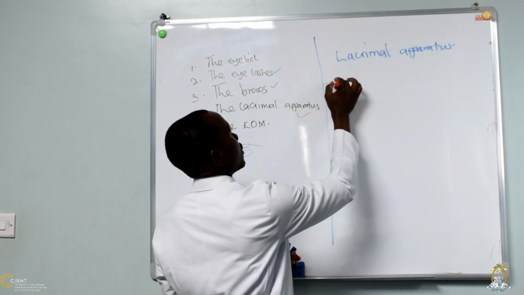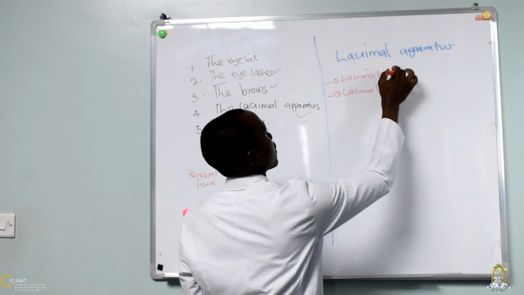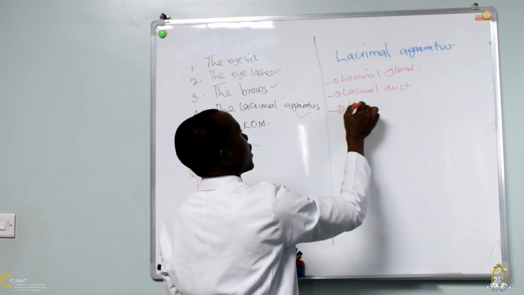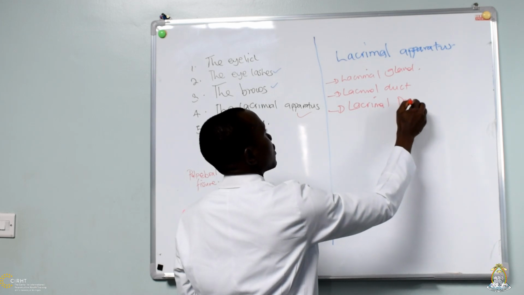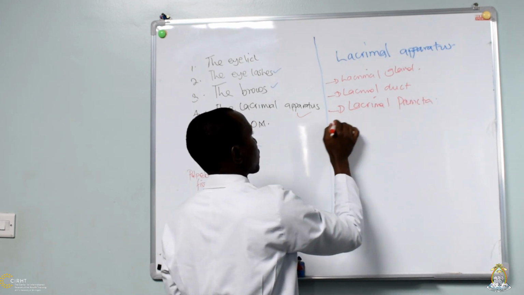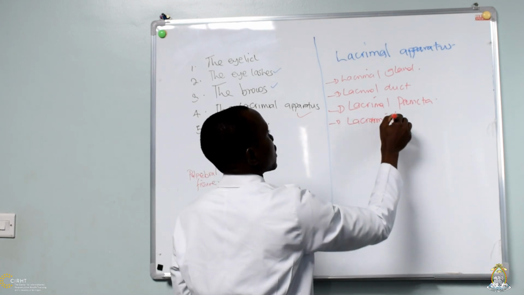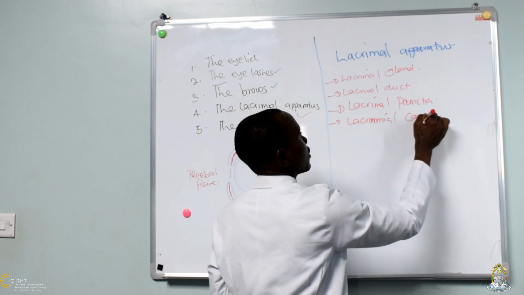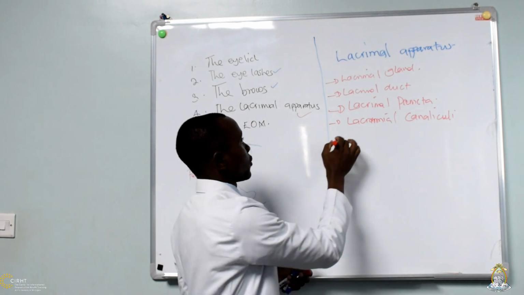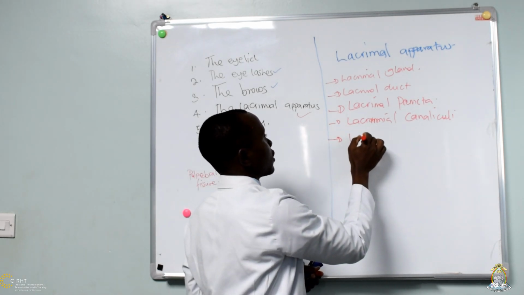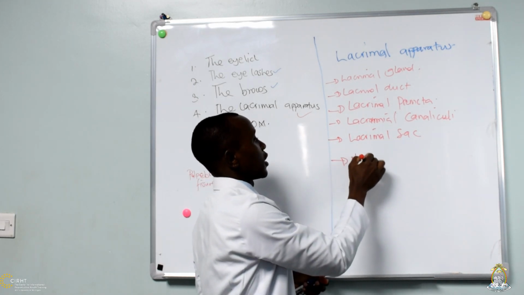We have the lacrimal gland, the lacrimal duct, the lacrimal puncta, then after the puncta, the lacrimal canaliculi, and then the lacrimal sac, and the nasolacrimal duct.